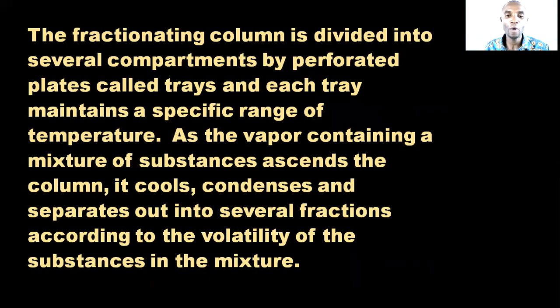As the vapor containing the mixture of the substance ascends the column, it cools, condenses, and is separated out into several fractions according to the volatility of the substance in the mixture in terms of their boiling point. Just the summary of it is that they are being separated out based on their boiling point.